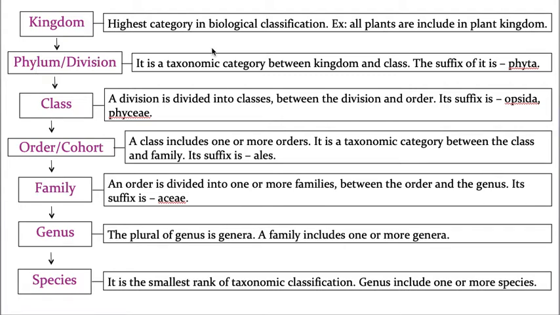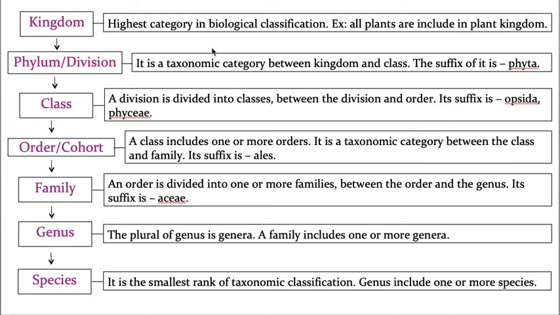For example, just an example so that you can understand better, let us take the animal kingdom. The animal kingdom includes so many phyla: phylum Porifera, phylum Coelenterata, phylum Nematoda, phylum Chordata, phylum Arthropoda, which is the largest phylum.